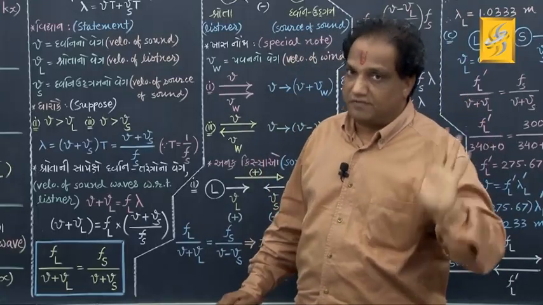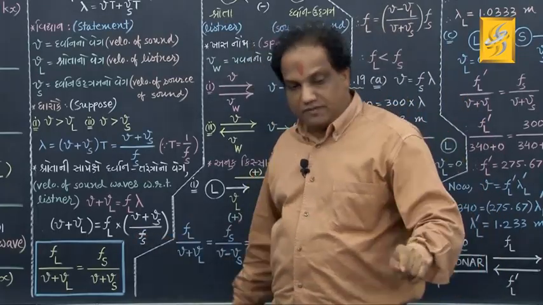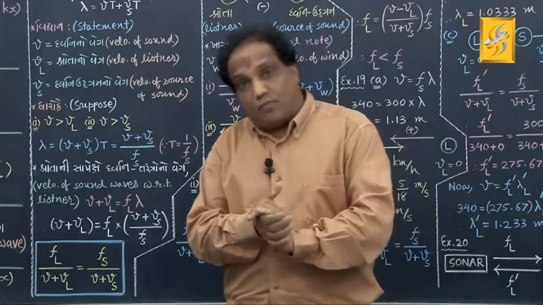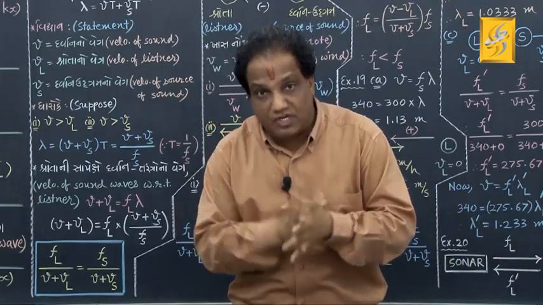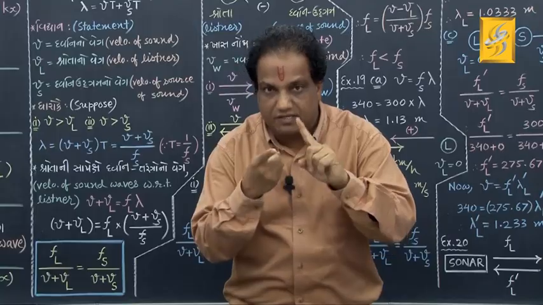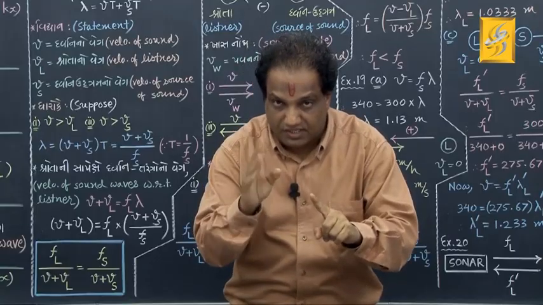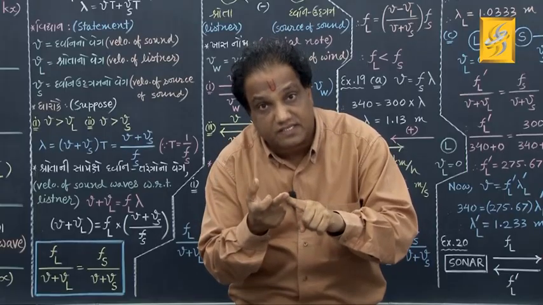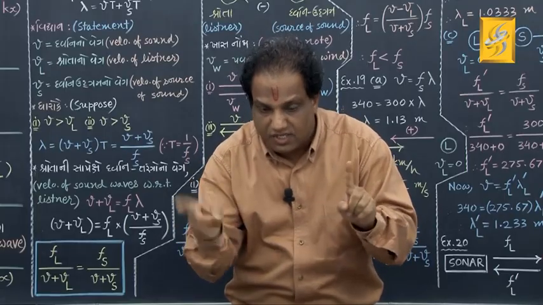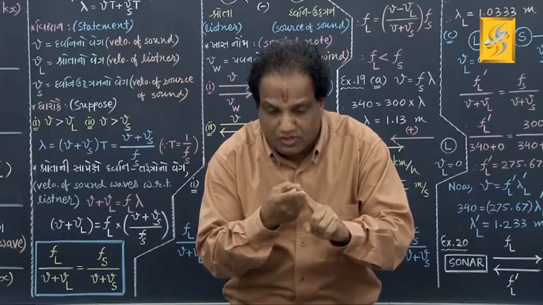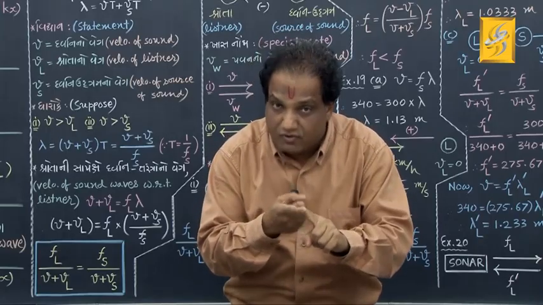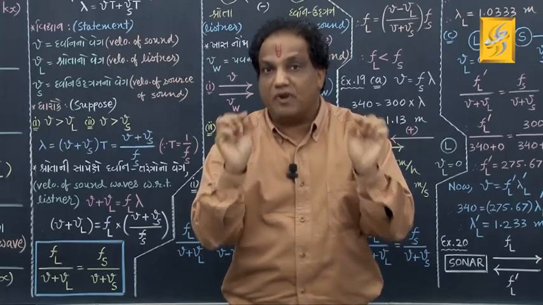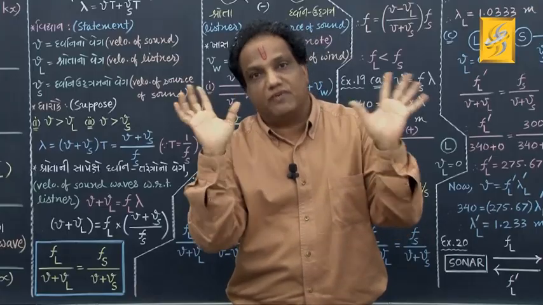Got it? Fine. Now here we are going to adopt the sign convention regarding the signs of three velocities. One is V, another is VL, third is Vs. Among these three velocities, which velocity should be taken positive, which negative? For that, we have preferred one sign convention.